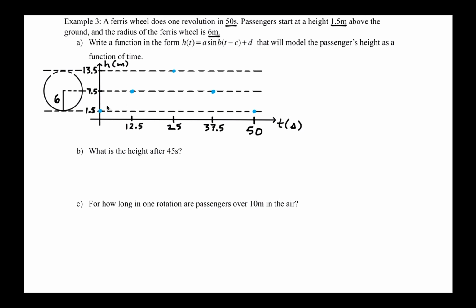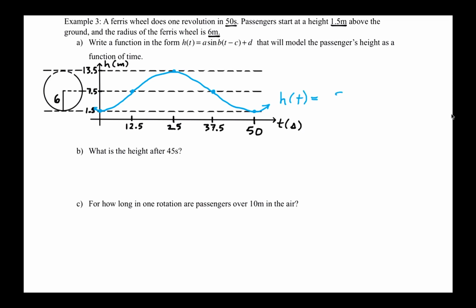And if we find the midpoint between those two, 12.5 seconds into the ride, we're going to be at the middle height on the ride. And again, 37.5 seconds into it, we're going to be at that 7.5 meter mark. So if I connect those points together, it's at least a reasonably good representation of the height versus time graph.